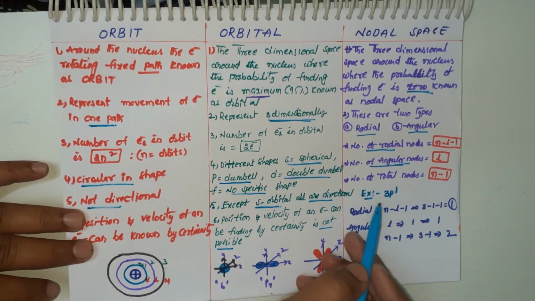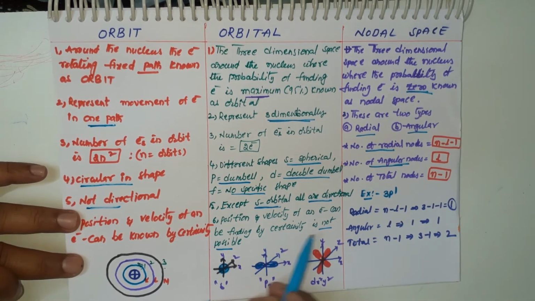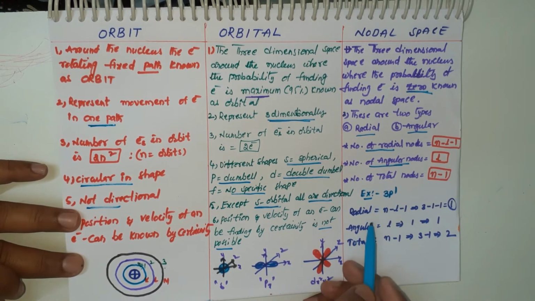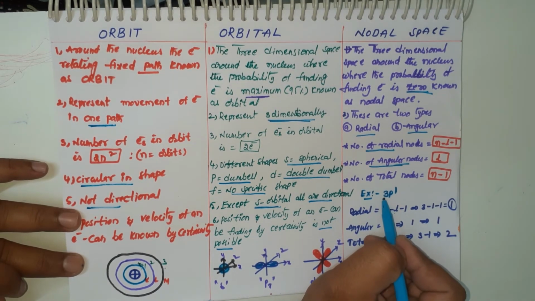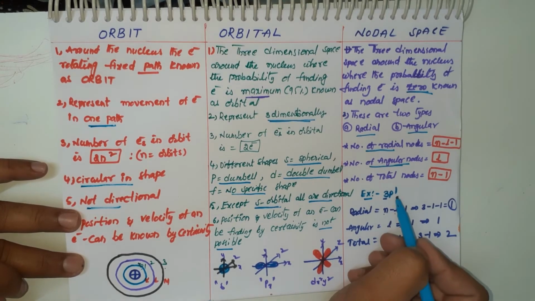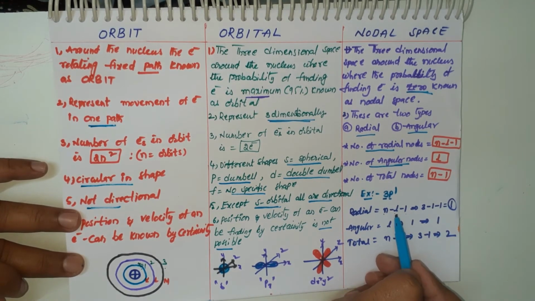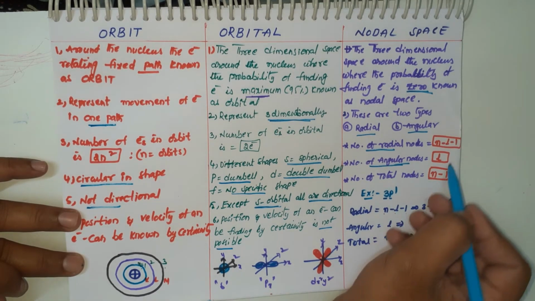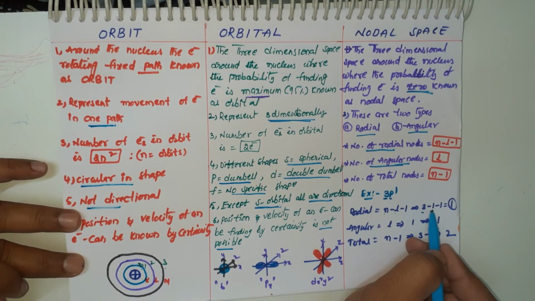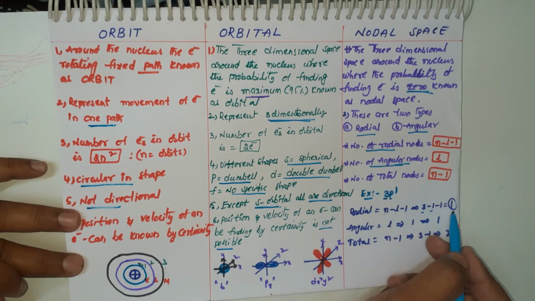Take one example like the 3p1 electron. This 3p1 electron has radial nodes n minus L minus 1. What is n? This 3 is n. What is the L value of p? Always 1. So 3 minus 1 minus 1: 3 minus 1 is 2, 2 minus 1 is 1. So radial nodes are 1.